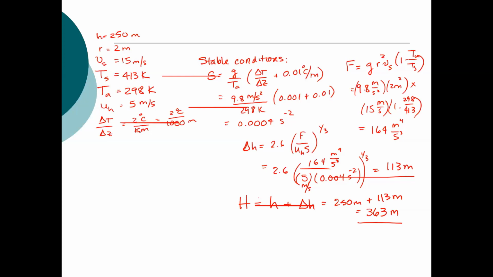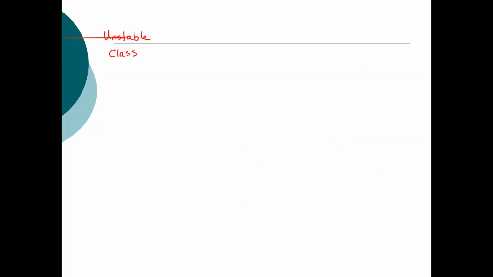Now, for the unstable condition, so we have class C, F is calculated the same way. So F is still 164 meters to the fourth per second cubed, and that is greater than 55 meters to the fourth per second cubed.